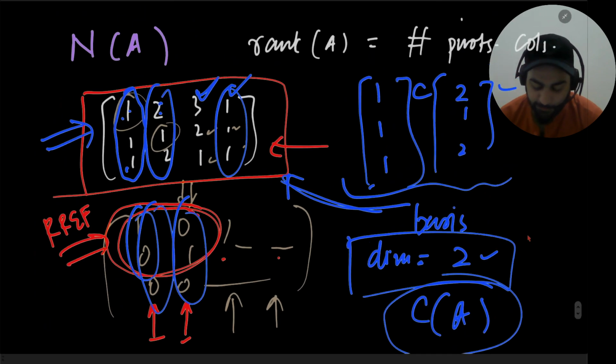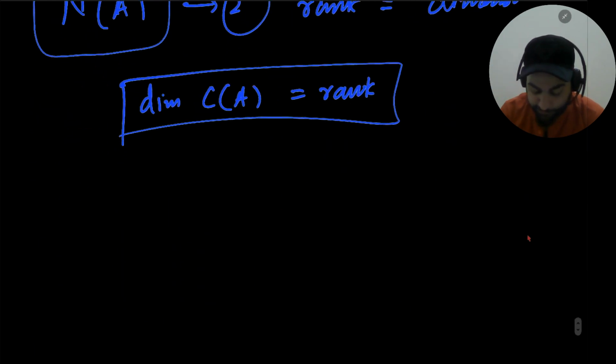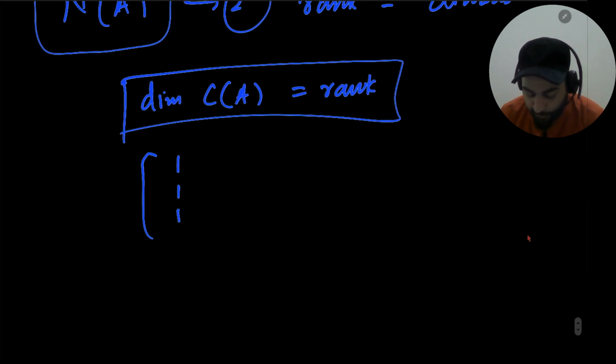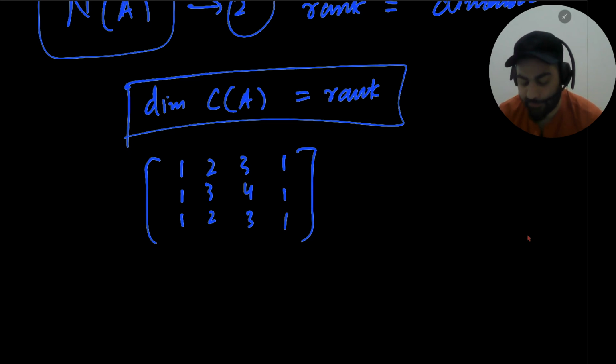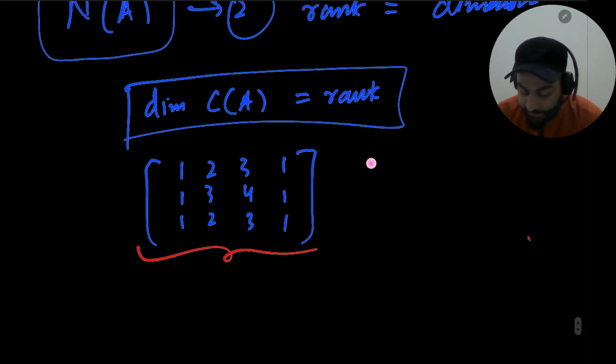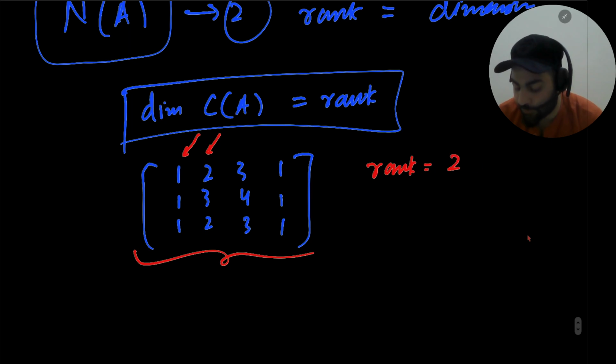From this matrix, if you see it again, this is the matrix we had: 1 1 1, 2 3 2, and 3 4 3, and then 1 1 1. I said the rank of this matrix is the number of pivot columns. The pivot columns were the first and second, that is 2.